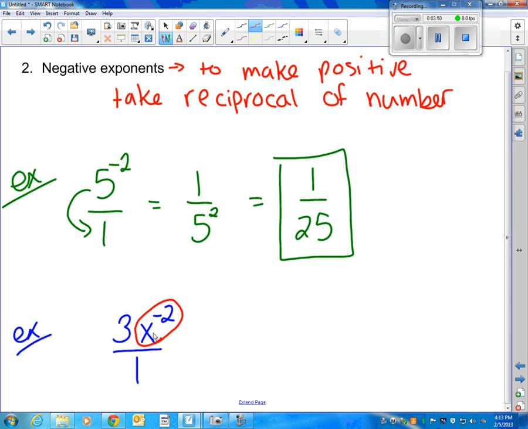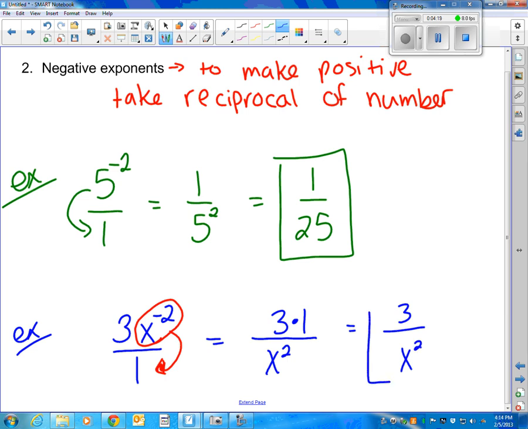So the only thing I take the reciprocal of, or move to the denominator, is the x squared. So this answer becomes 3 over x squared. The 2 tags along, and it now becomes positive. And the 1 moved to the top. 3 times 1 is simply 3, so my answer is 3 over x squared.